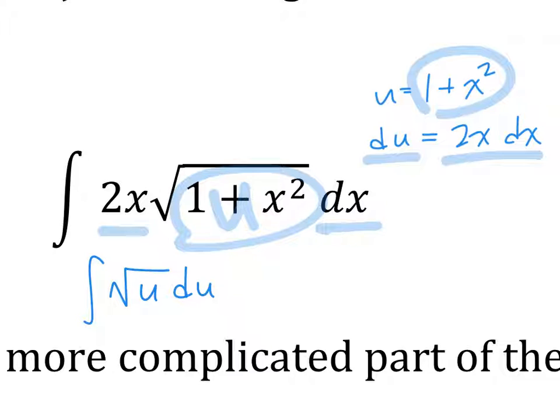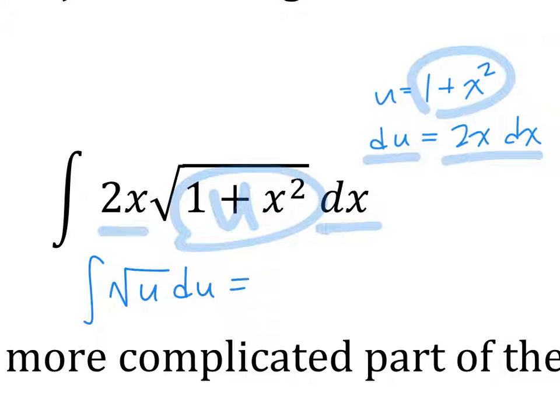Okay, now integrate with u. So this is now easy to integrate, right? So go ahead and do that. Figure out what the integral is with u. Please don't forget plus c. So you can see that 2x dx is du.